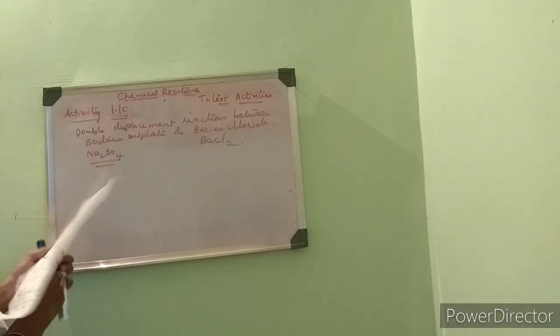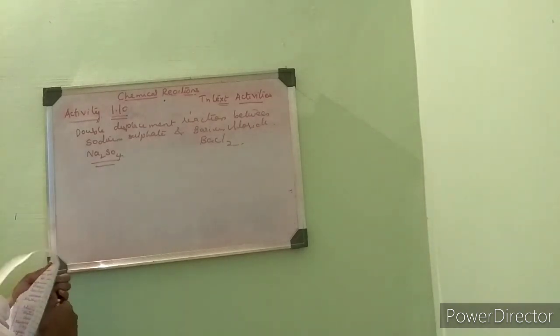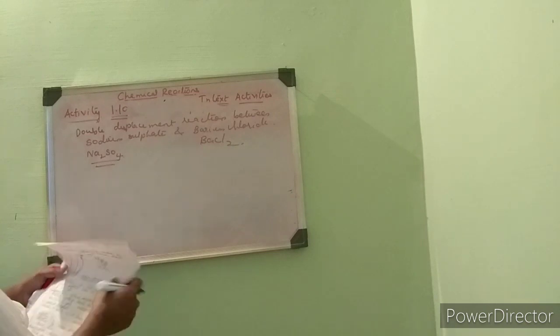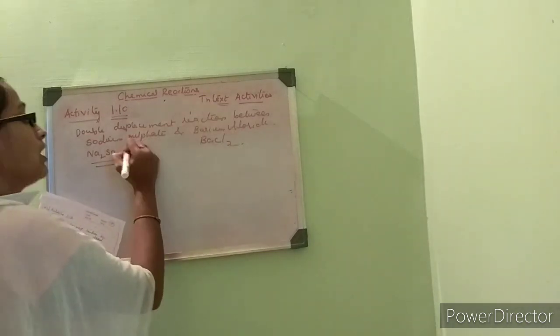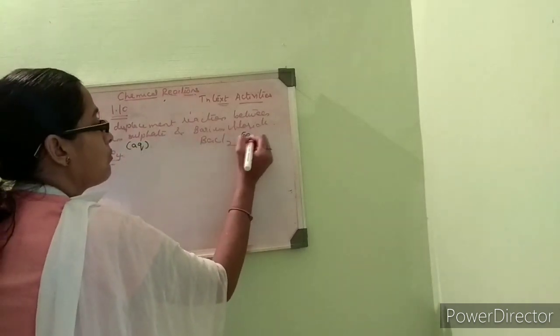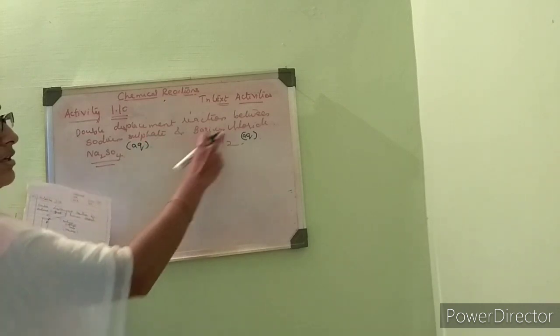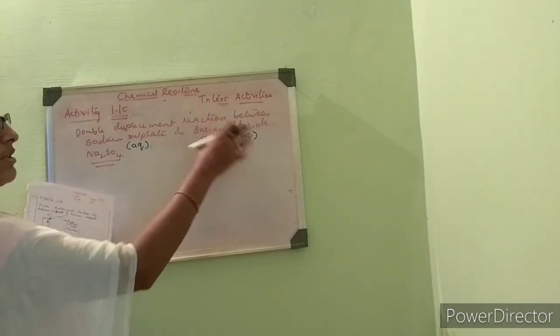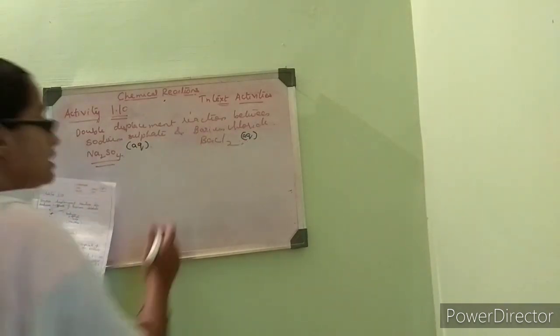So we will draw a simple diagram here for your understanding. Sodium sulfate is given first and barium chloride is given. Both are aqueous solutions, that is mixed in water. Sodium sulfate crystals are mixed in water and barium chloride solution is prepared by mixing it in water, and these two are taken in two different test tubes.